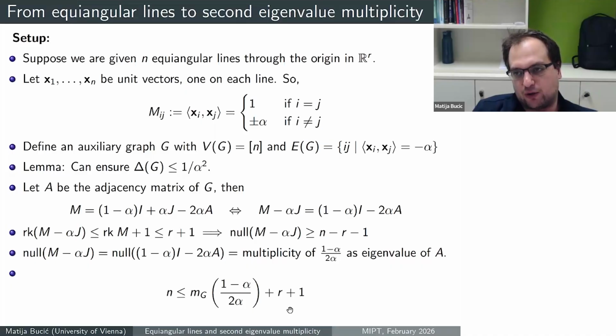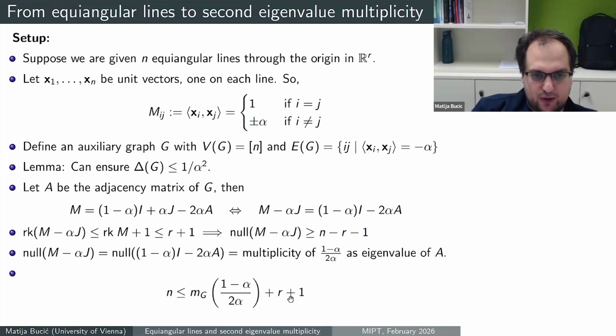And remember, our goal here is to show that this isn't much bigger than r. So really, we want to show that this multiplicity is not too large. And also, the thing that we can ensure, which is crucial for us, is that this graph isn't too dense. So we get this upper bound on the maximum degree that is going to be very useful later on.